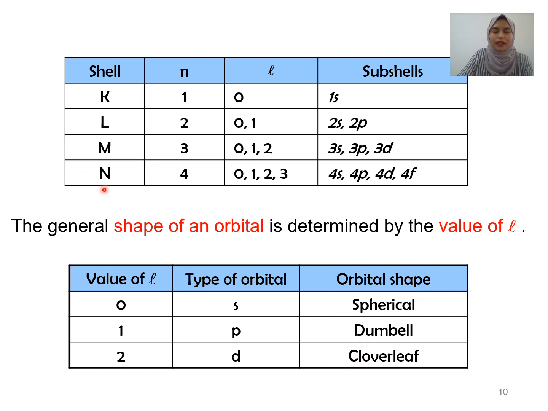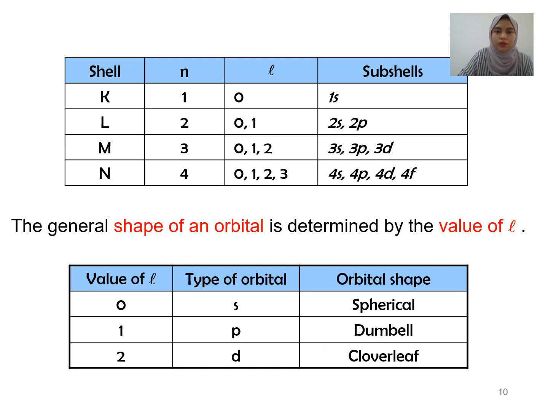For example, if let's say you have shell K with the n value 1, then the L value can only be 0, and the subshell will be 1s, because it is an S orbital. And if you have shell L with the energy level n equals 2, then its L value can be 0 or 1.